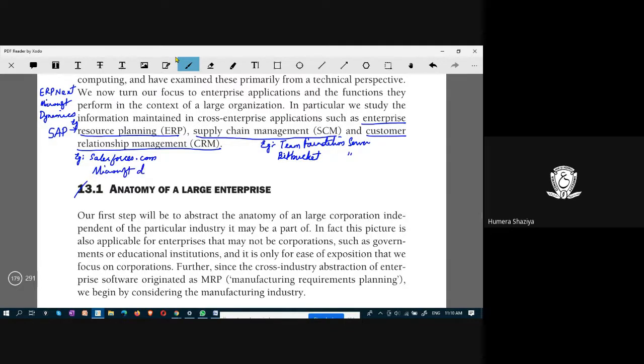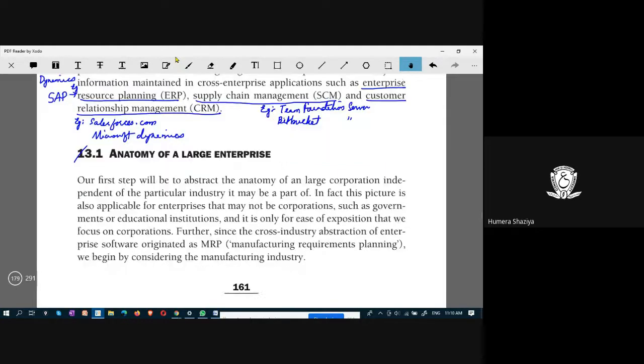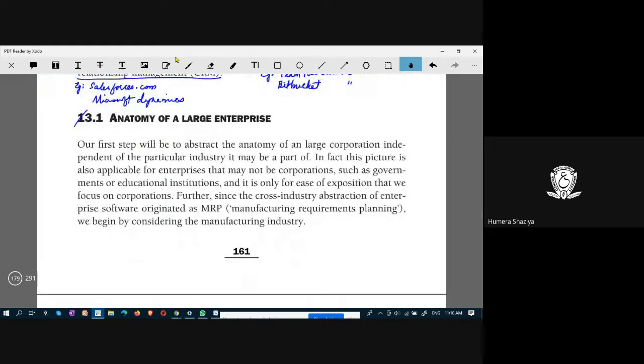Microsoft Dynamics has ERP functions as well as CRM functions. These are the applications or tools for an enterprise.